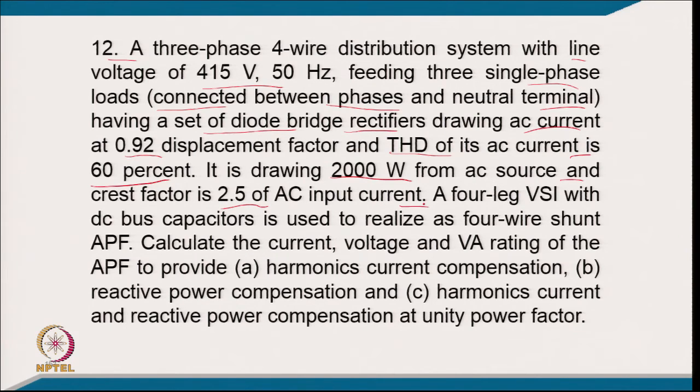A 4-leg voltage source inverter with a DC bus capacitor is used to realize the 4-wire shunt active filter. Calculate the current and VA rating of the active power filter to provide harmonic current compensation, reactive power compensation, and harmonic current and reactive power compensation at unity power factor.